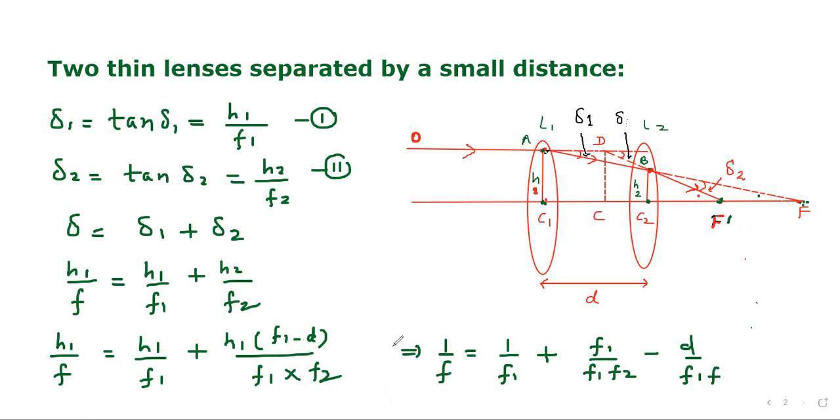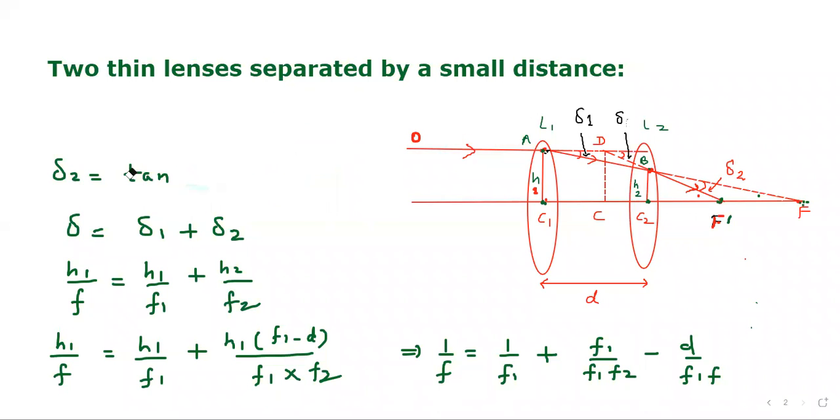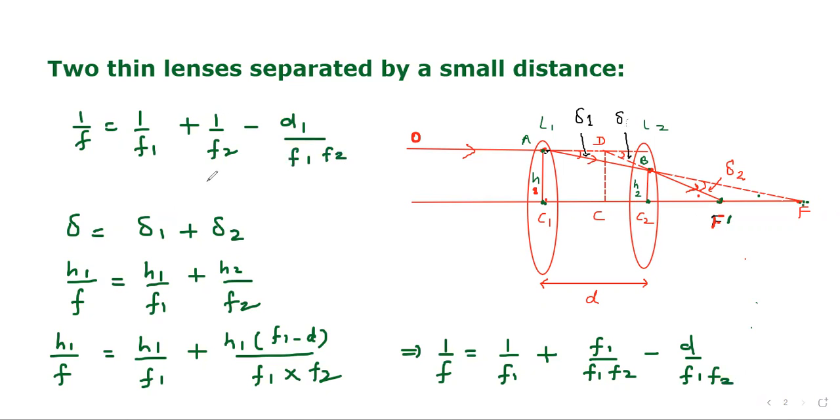So we will get 1 upon F equals 1 upon F1 plus 1 upon F2 minus D divided by F1 F2. So this is the expression for the combined focal length, where this is not D1, this is D. D is the separation between the two lenses.